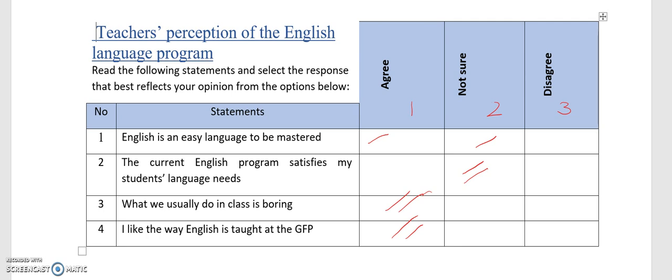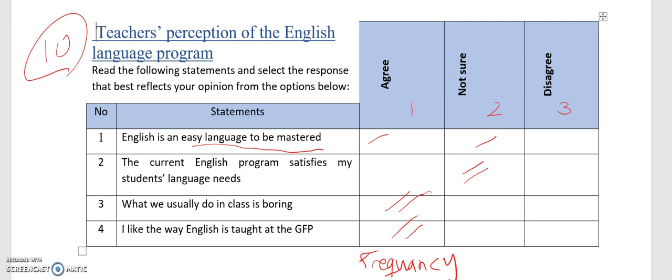So what you are doing here is looking at the frequencies, as I said. How many students chose each and every item? Just as an example, my sample size was 10 students. I only had 10 students. So out of 10, how many students agreed that English is an easy language to be mastered?